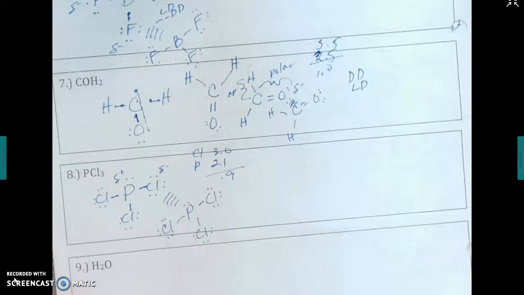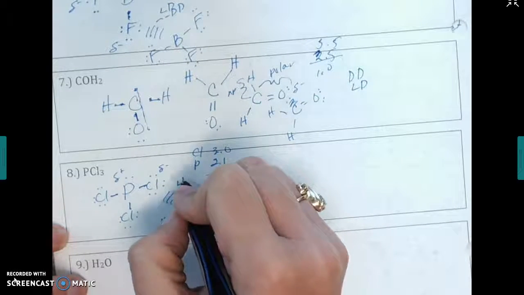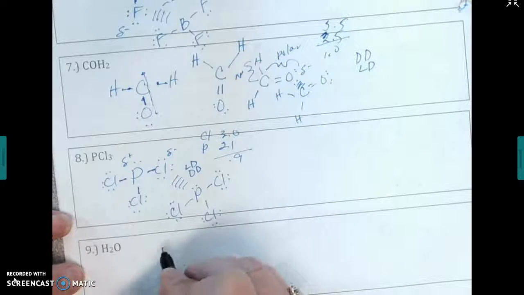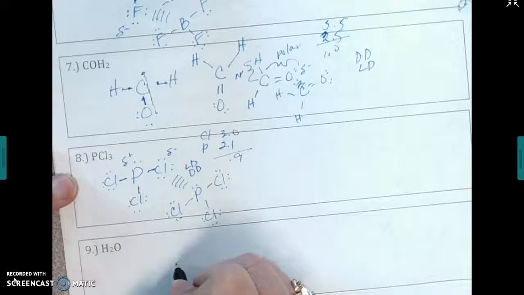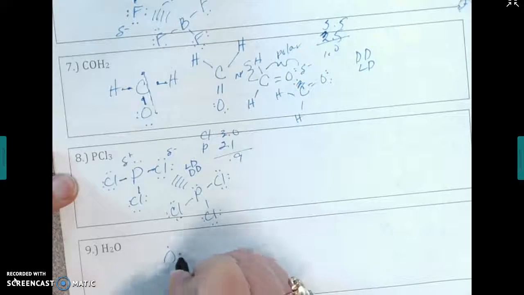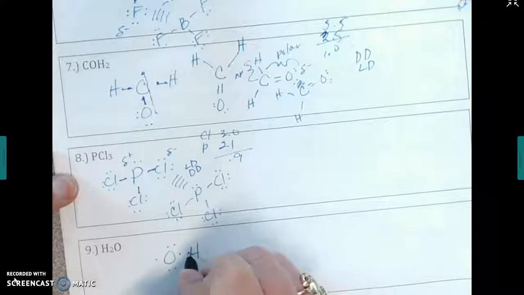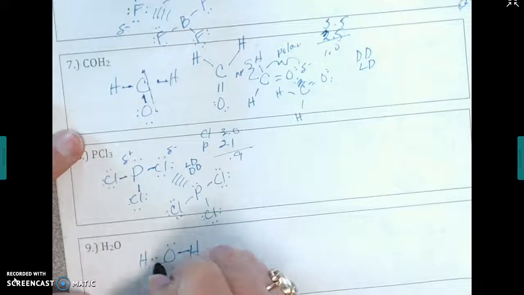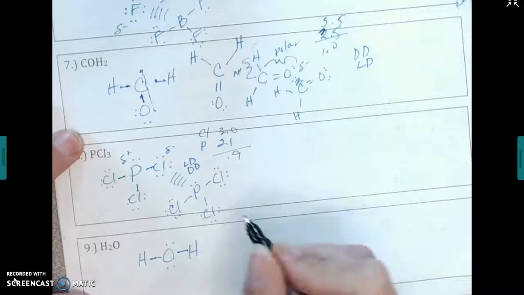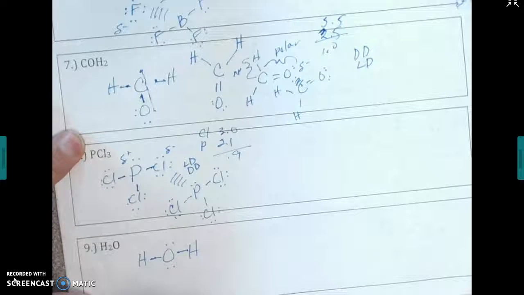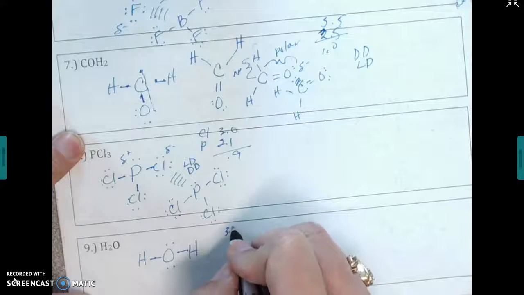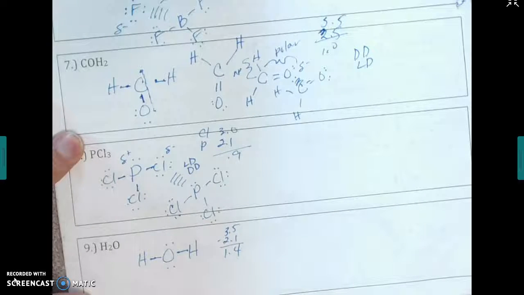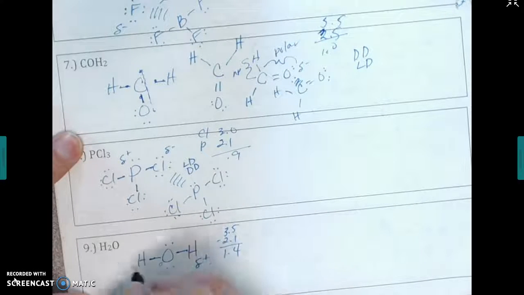Questions so far? No questions? Okay, so water. Oxygen would be our central atom because hydrogen can never be a central atom. So these bond. Okay, we have an electronegativity of 3.5 minus 2.1 for a difference of 1.4. So it's polar, slightly positive.